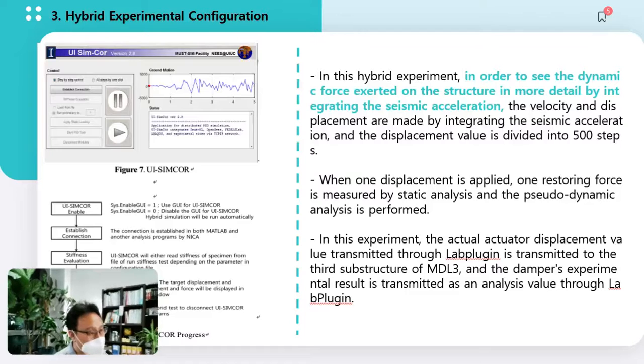In the experiment, the actual actuator's displacement value transmitted through the LabVIEW plug-in is transmitted to the third substructure of the MDOF, and the experimental result is transmitted as an analysis value through the LabVIEW plug-in.